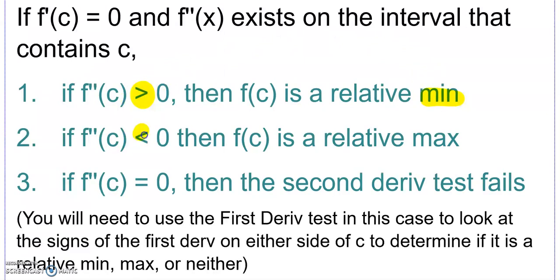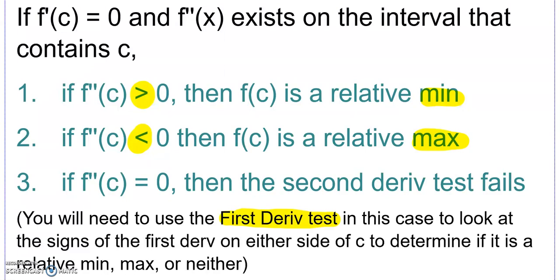If the second derivative is less than 0, then f of c is what we call the relative maximum. If the second derivative is equal to 0, then the second derivative test fails, and you will have to go back and use the first derivative test, which is what we're normally going to do to find the relative max and mins, or in other words, the relative extrema.